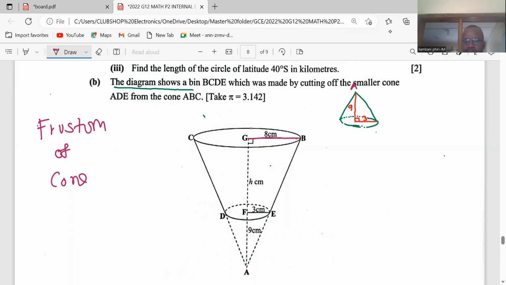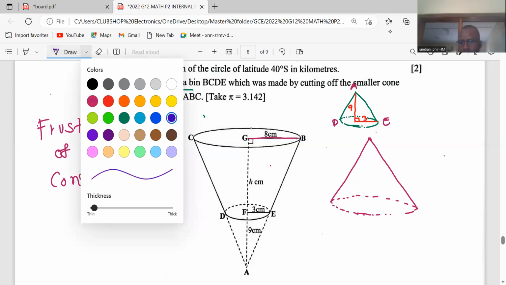It is A, E, D. This is our smaller cone. Now, we can come up with our bigger cone, so that you're able to see what is happening. Okay, something like that.